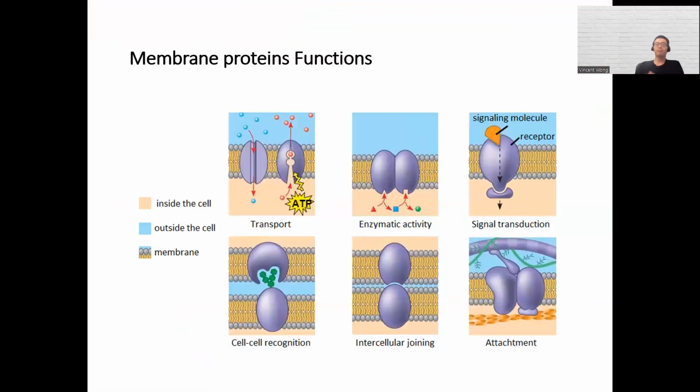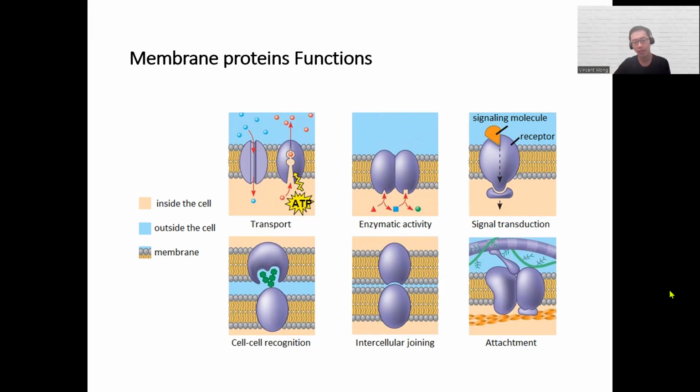Okay, so membrane protein function. We know there are these integral proteins that span all the way, and then we have some of these peripheral proteins, which are just attached on the side, right? So all these membrane proteins are very important. They have various functions. We're going to be looking at 6 of these functions.